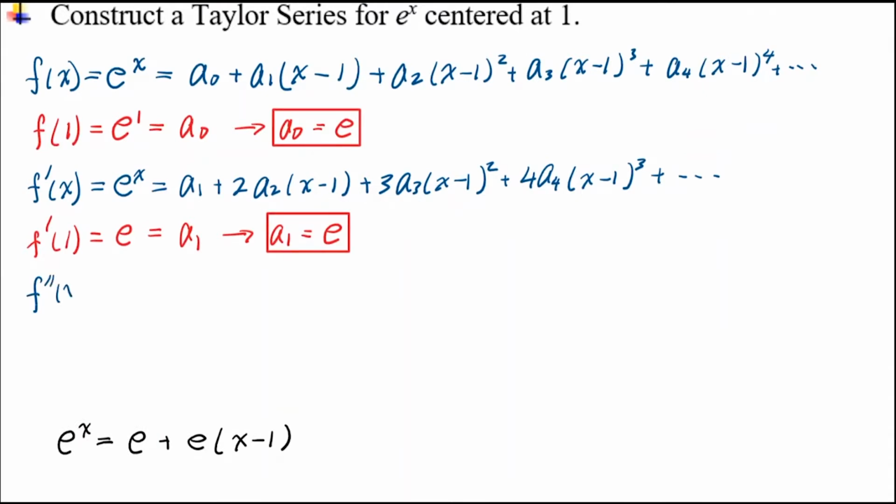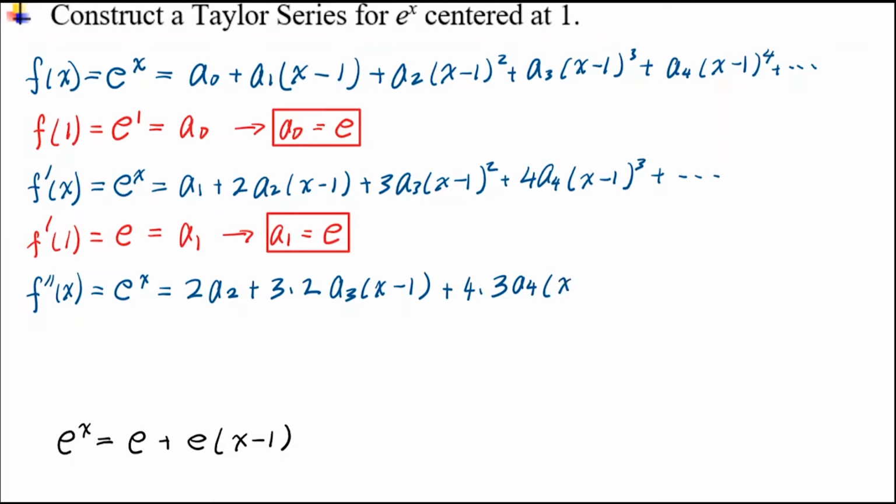f double prime of x, we take another derivative. e to the x is a very nice function. Other functions are not this nice. Okay, so the first term dies, so we have 2 a2 plus 3 times 2, because that 2 comes down, a3 (x minus 1), and plus this 3 comes down, so it's 4 times 3 a4 (x minus 1) squared. Dot, dot, dot.